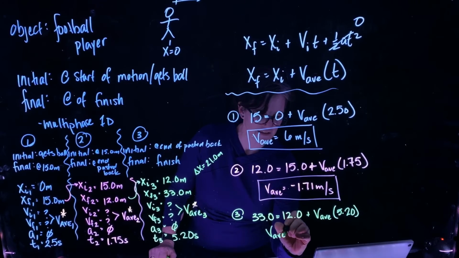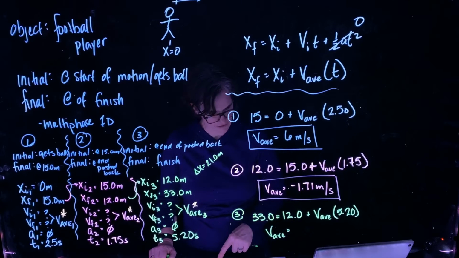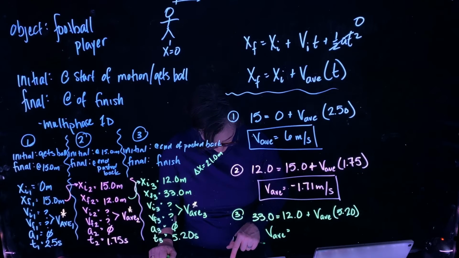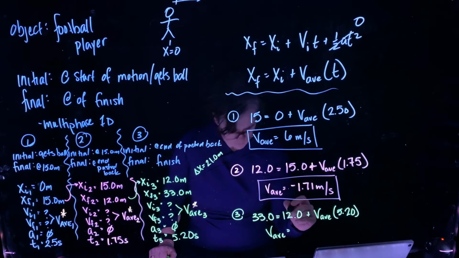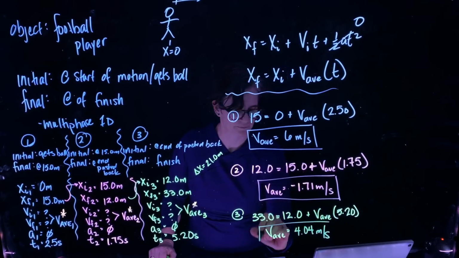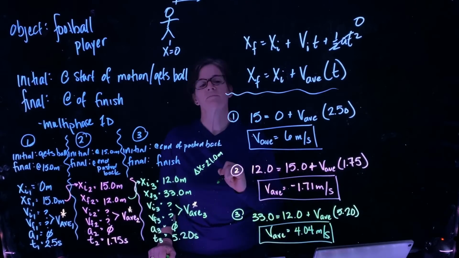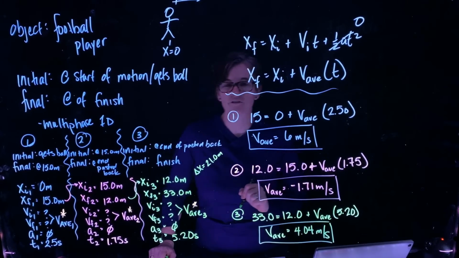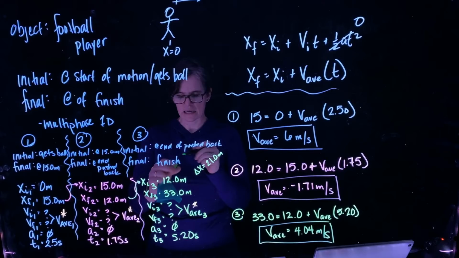And for phase 3, I get an average velocity of 33 minus 12 divided by 5.2, 4.04 meters per second. So those are my 3 average velocities for those 3 phases.